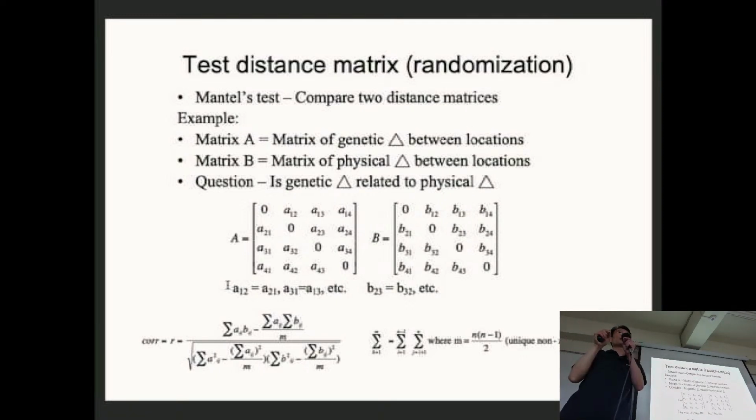If the two sites are very close, dispersal is very frequent, and therefore genetic data are very similar. It's called isolation by distance. So this is a very commonly asked question in population genetics. So the question is whether genetic distance is related to physical distance. So I need to do the correlation between this matrix versus this matrix. Right?